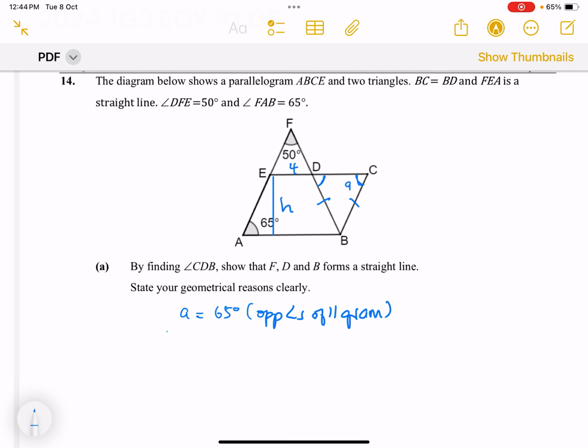Then now we know angle CDB is actually 65 degrees because these are base angles of isosceles.